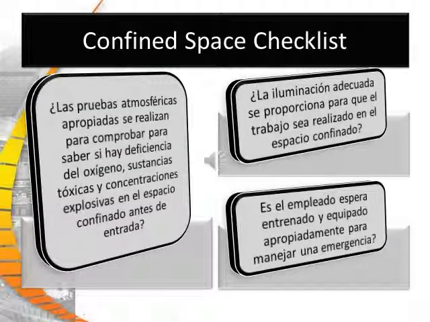The confined space checklist also includes, are all appropriate atmospheric tests performed to check for oxygen deficiency, toxic substances, explosive concentrations in the confined space before the entry? Is adequate illumination provided for the work to be performed in the confined space? Is the standby employee appropriately trained and equipped to handle an emergency?